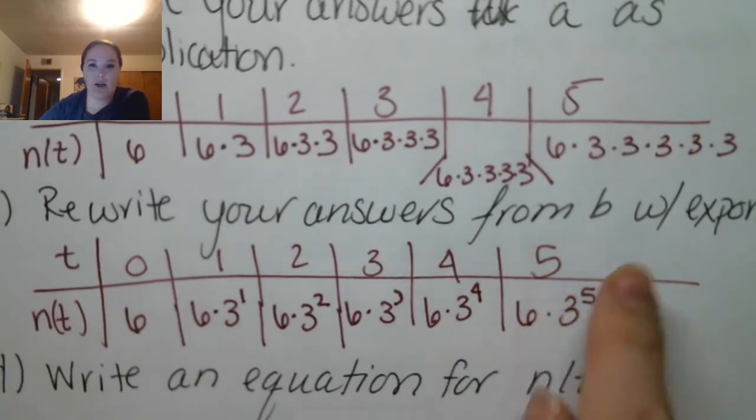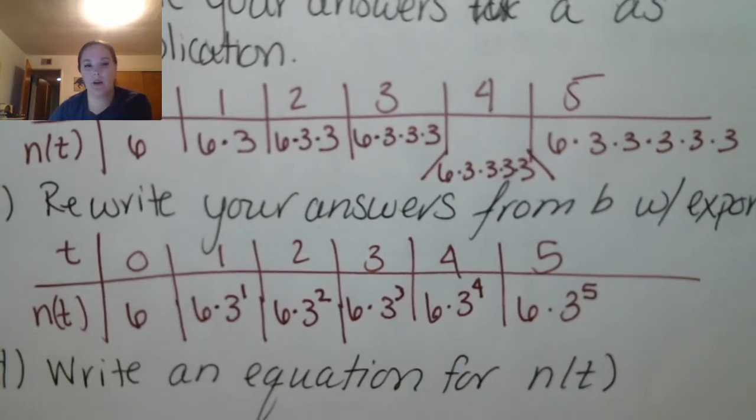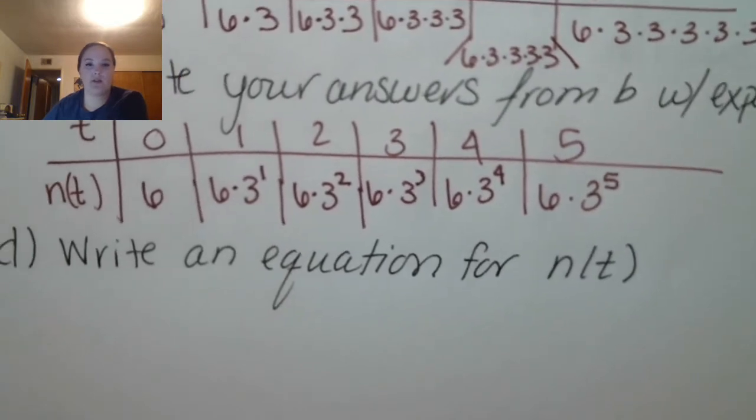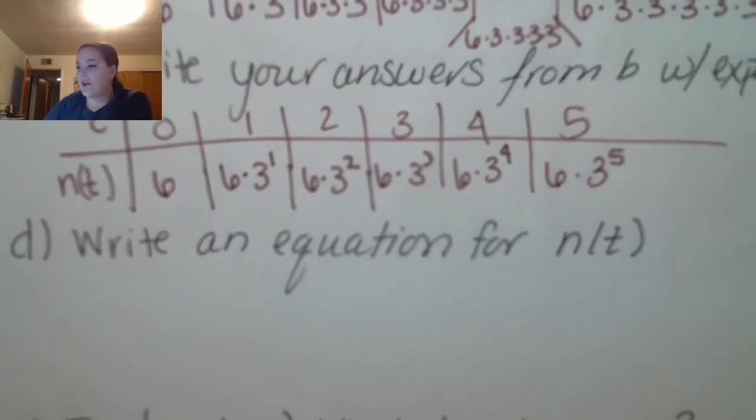Okay, so we're just getting the exponents from how many times we're multiplying 3 by itself. Now we're going to use our answers for that to write an equation for n of t.